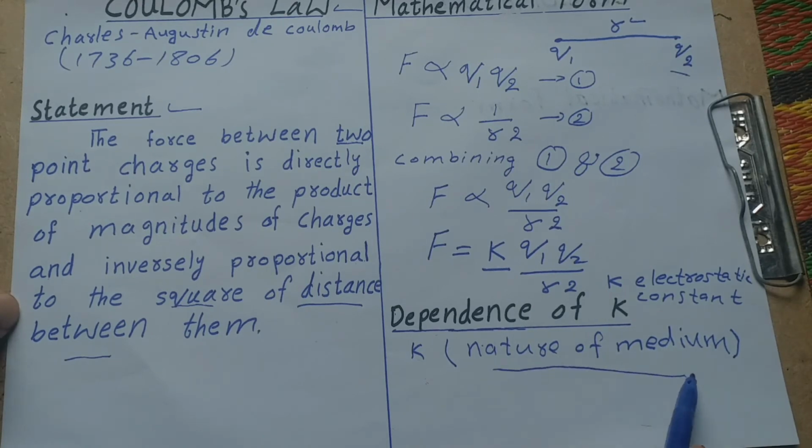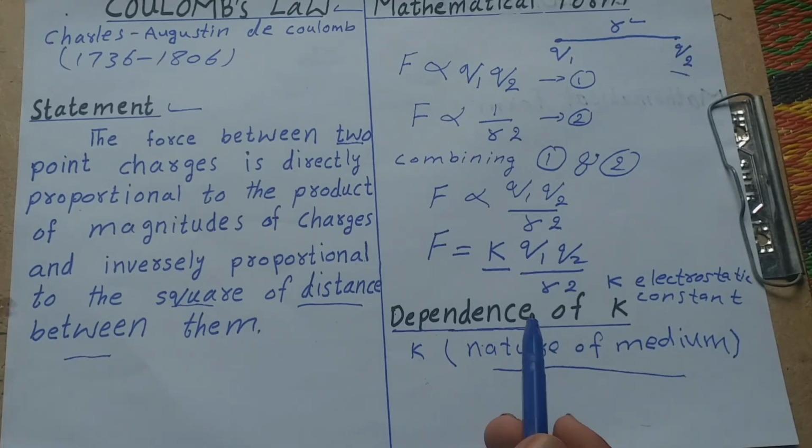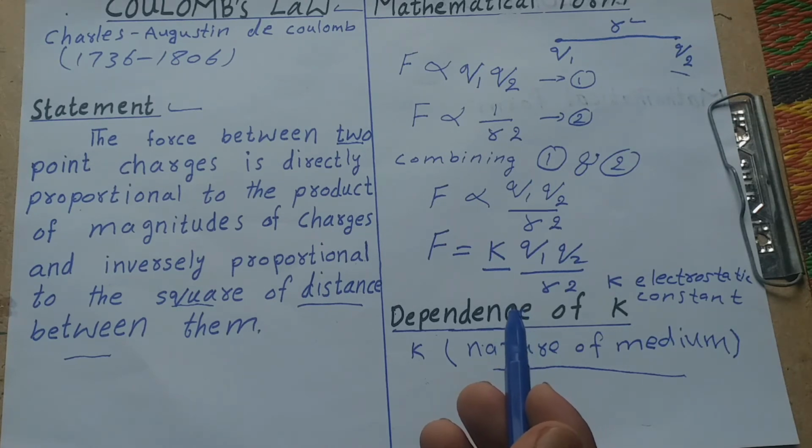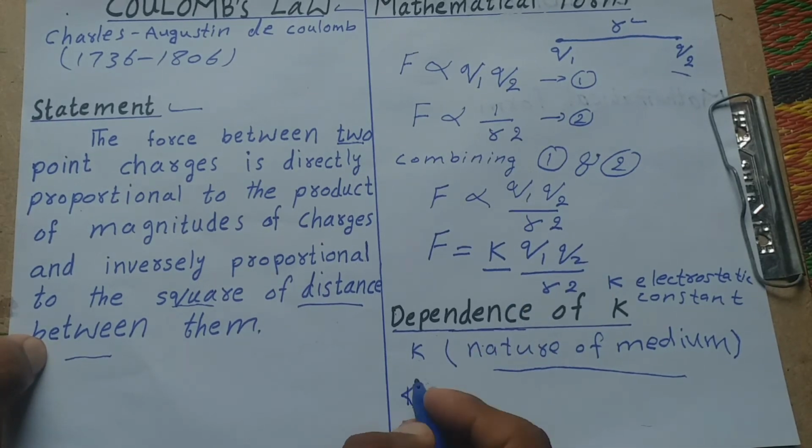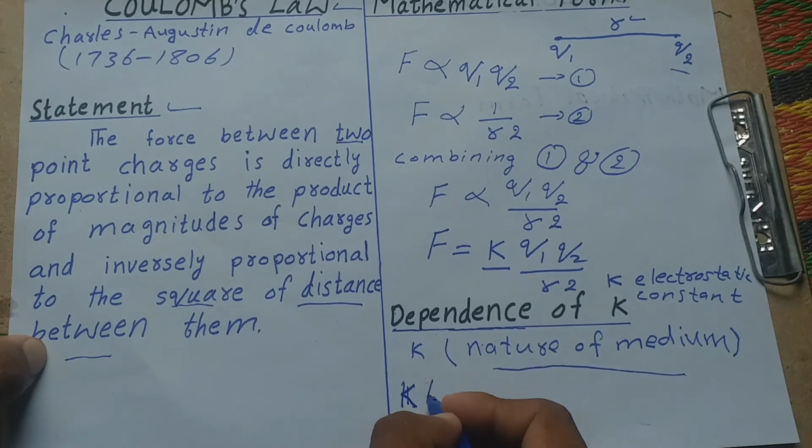What is meant by the nature of the medium? It means free space, air, glass. This is called the nature of the medium. Okay, understand? And also the value of K depends on the system of units.